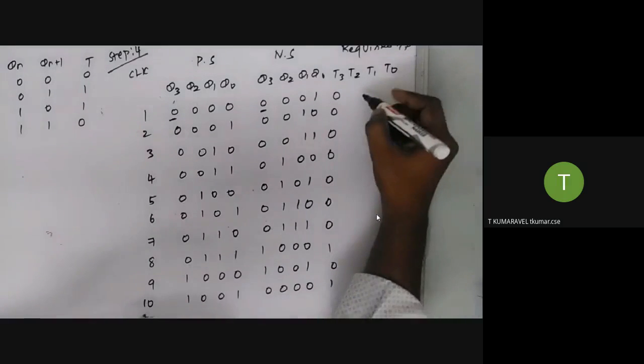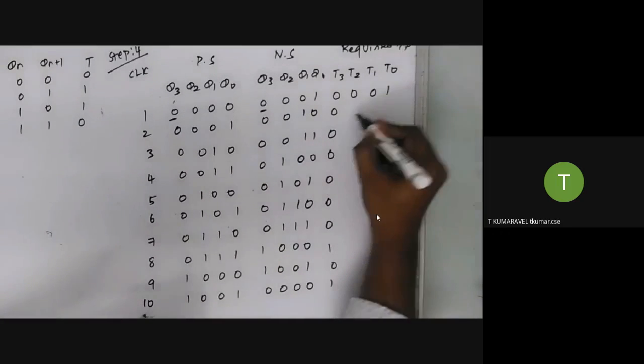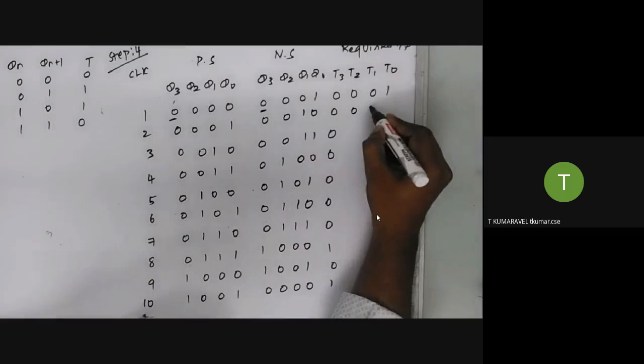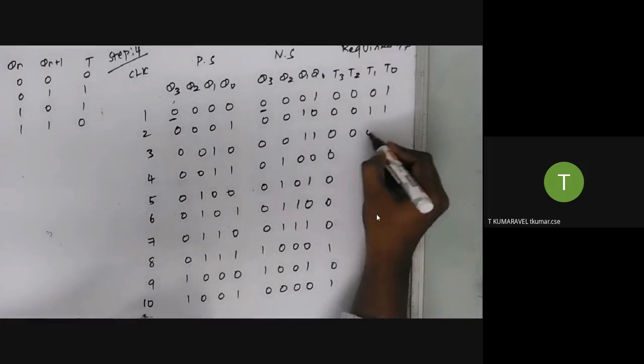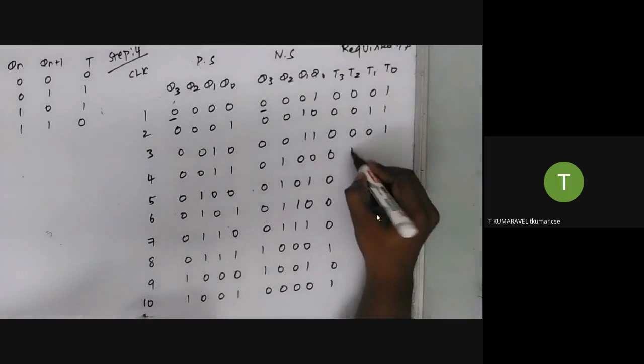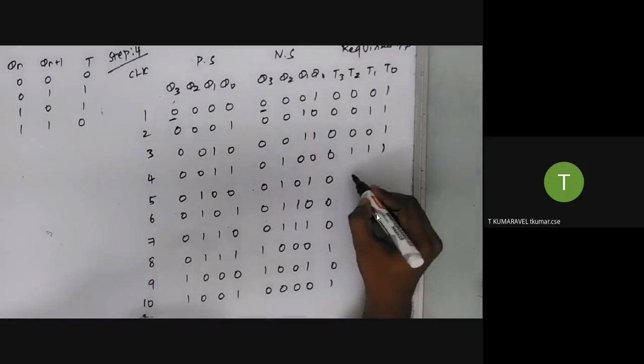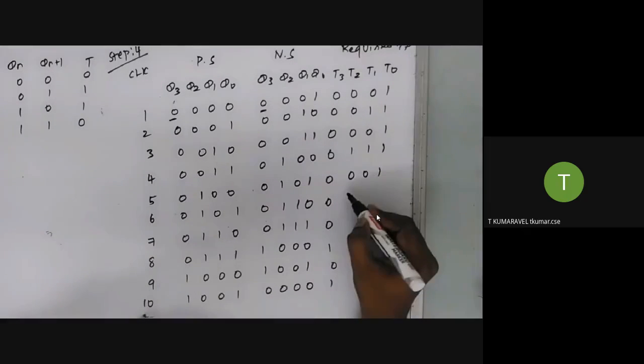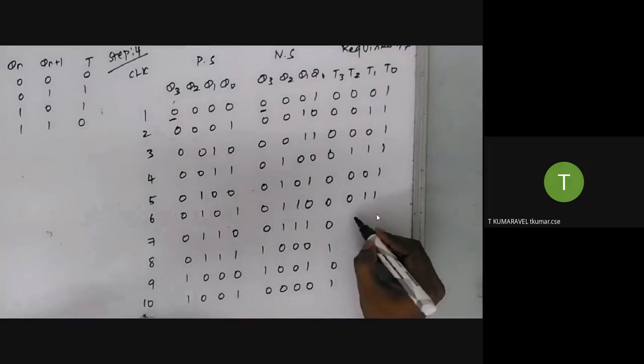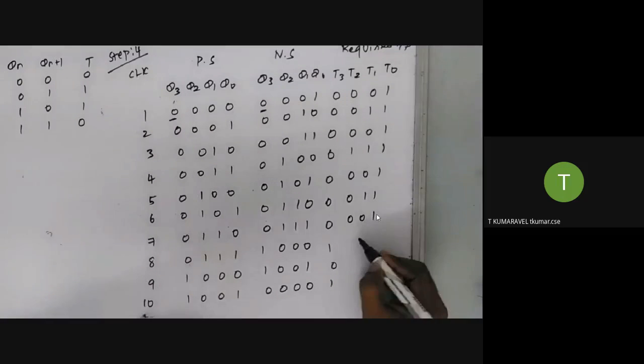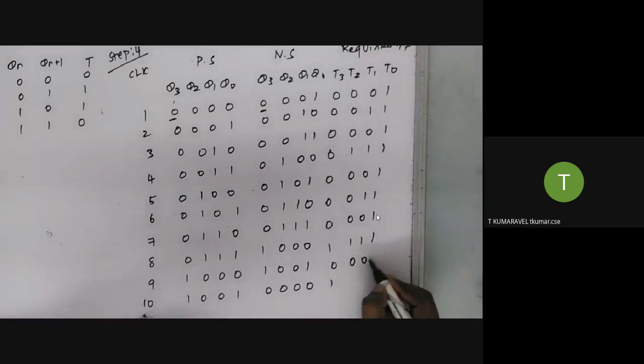So what about the next one? 0, 0, 1. 0, double 1. 0, 0, 1. 1, 1. 0, 0, 1. 0, double 1. 0, 0, 1. 1, 1, 1. 0, 0, 1. Okay, this is the value.